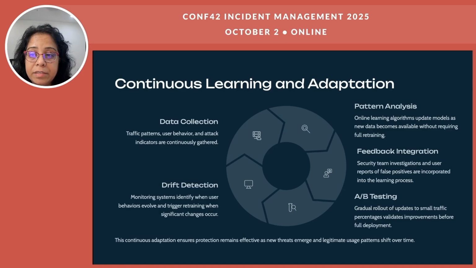Field integration: security team investigations and user reports are incorporated. A/B testing: gradual rollout of updates validates improvements. This ensures protection remains effective as new threats emerge and legitimate usage patterns shift over time. The system that protected Sarah's app evolves to handle newer attacks if it happens tomorrow.